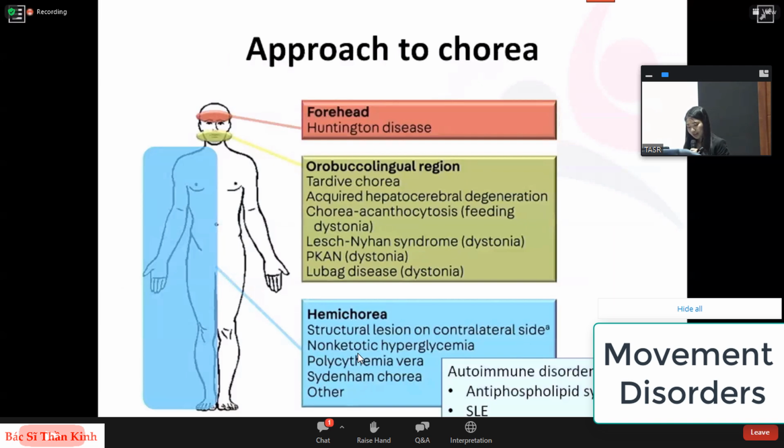And in this case, the chorea involves only one side of the body. So from this body distribution, a structural cause like vascular disease, stroke, and others should be considered, as well as autoimmune causes, which can present like this too, like Sydenham chorea.